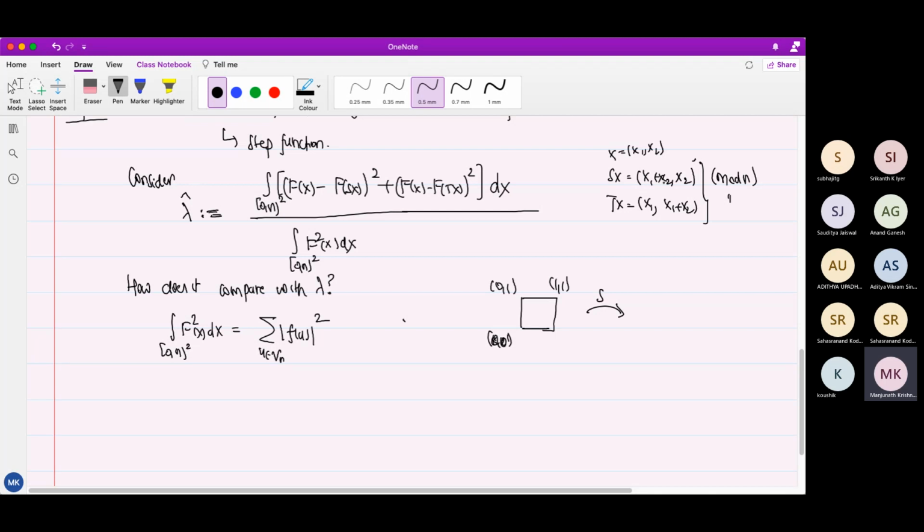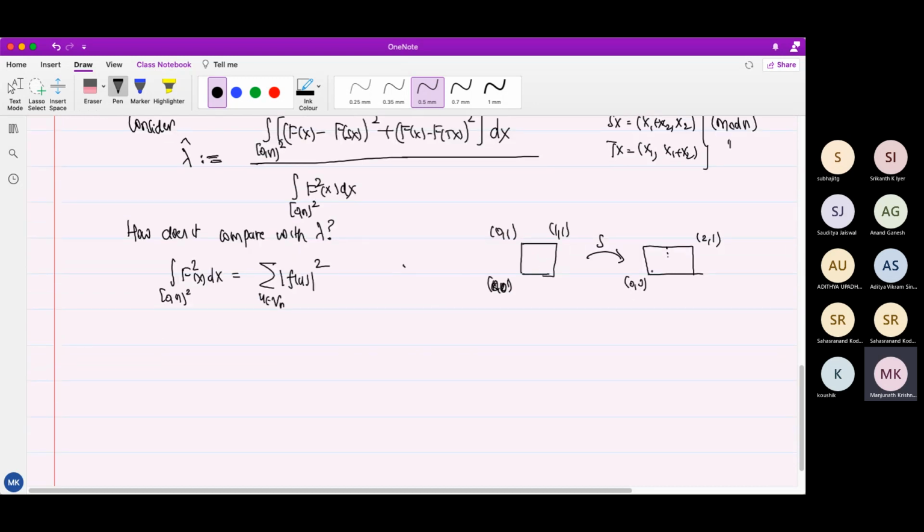Sx is x1 plus x2 comma x2, so it will stretch the square into a rectangle. The second coordinate stays between 0 and 1. It's just an affine, linear transformation of this square to that rectangle. And t stretches it in the other direction.